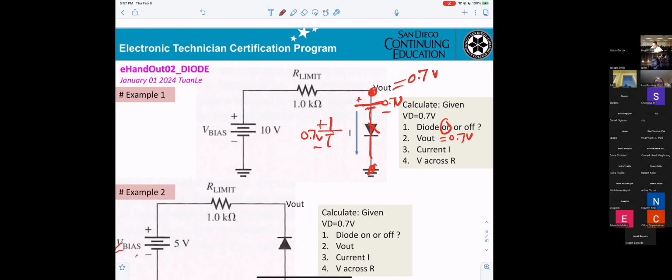Now they want the current I. Tell me what current I equals.